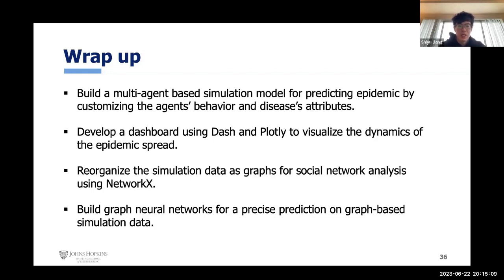After we got the simulation data, we wanted to visualize it, so we developed a web dashboard using Dash and Plotly, which are Python libraries, to visualize the dynamics of the pandemic spread. Then we reorganized the data as graphs to do social network analysis.